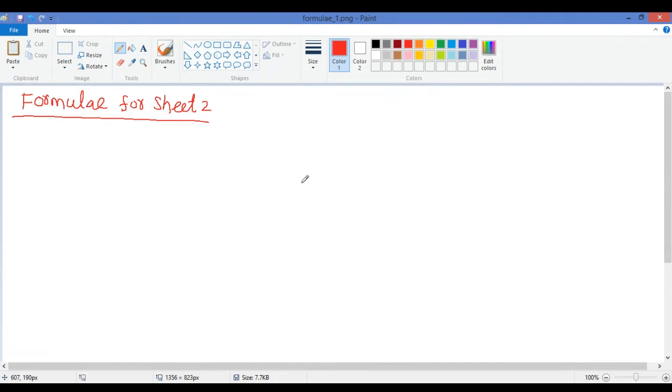In sheet 2, as I have told you, we'll be seeing how to determine the value of current, voltage, and power with the help of some fundamental laws. We have here 2 fundamental laws, Ohm's law and Kirchhoff's laws. But only Ohm's law and Kirchhoff's laws are not sufficient to solve the problem.